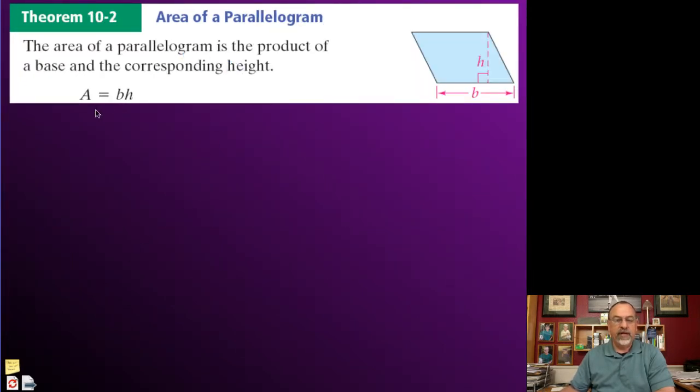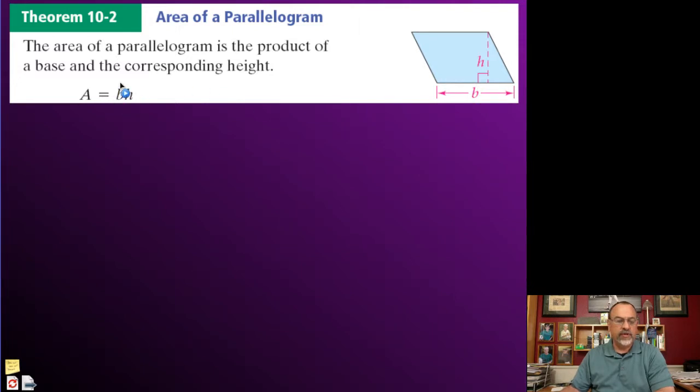The area of a parallelogram, you'll notice that this is exactly the same formula as the area of a rectangle. And again, the important thing here is to notice that if you take your parallelogram, the sides of the parallelogram are not perpendicular to each other. So while this may be your base, this side is not the height because this side is not perpendicular.